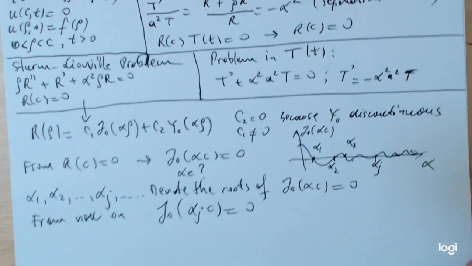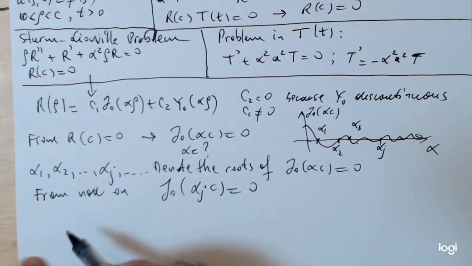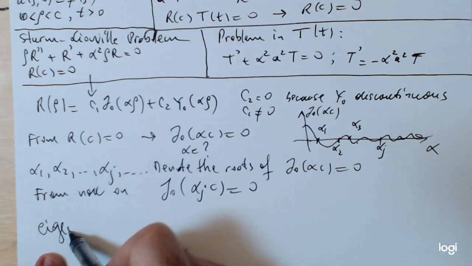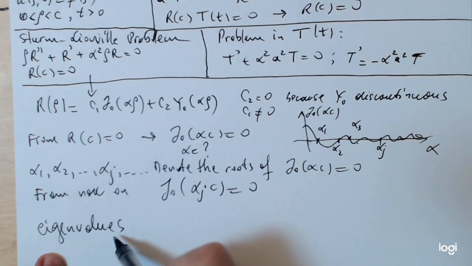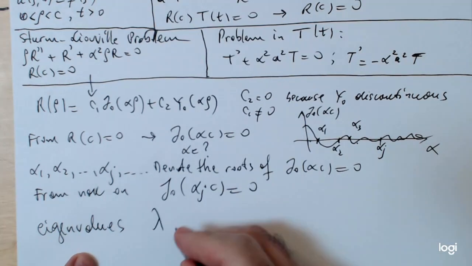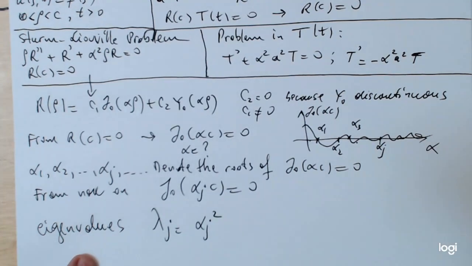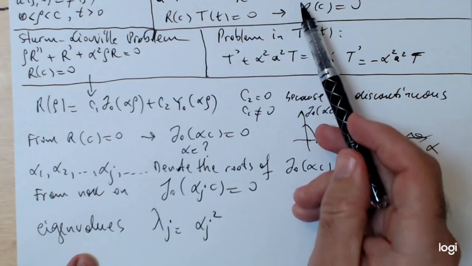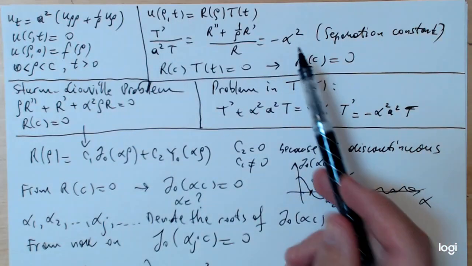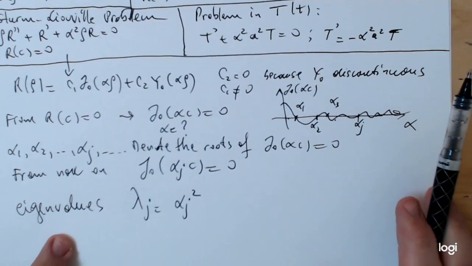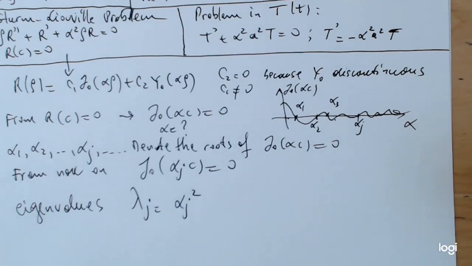So basically, at this point, what we achieved is that the eigenvalues of this Sturm-Liouville problem are alpha j squared. Remember our notation that the separation constant is alpha squared. So then the value of lambda, if you want, is alpha j squared.